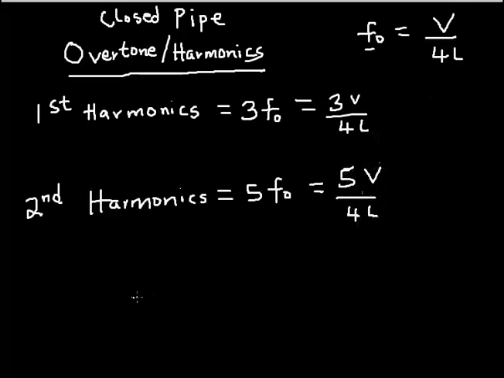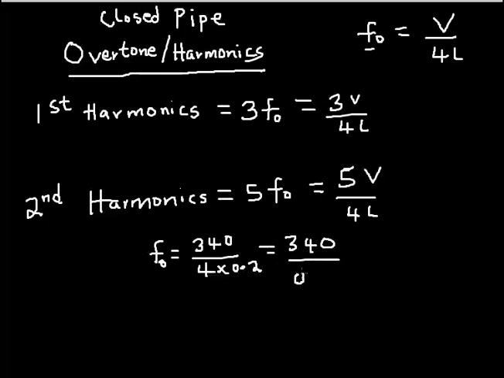So with what we have previously, or better still, a situation where I have calculated the fundamental frequency to be, let's say 340, like what we did previously, all over 4 times 0.2. Let me do this to the end. So it's going to be 340 divided by 0.8.